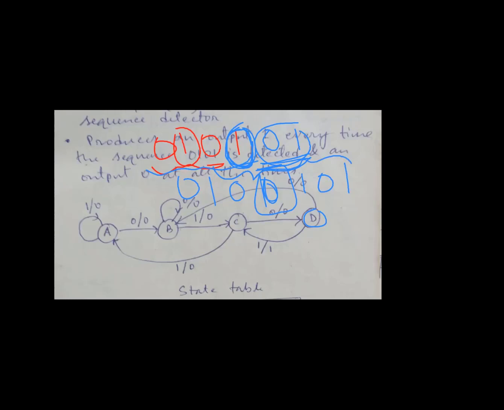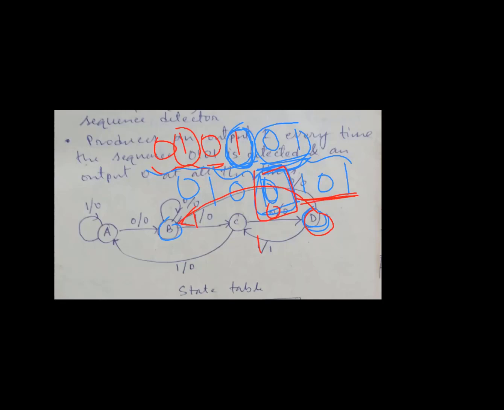So we need 1 when we are over D and input is 0, to get back the sequence, and 1 is emitted from B. That's why for this 0 over D, we are going back to B, because from B if you go to B, then 1 0 1 can be obtained.